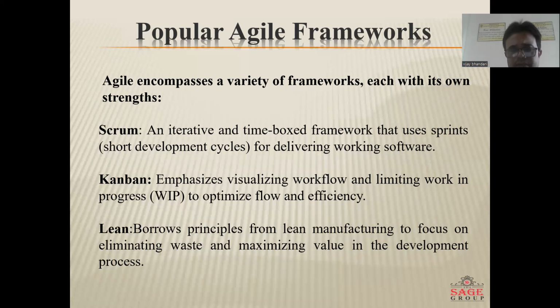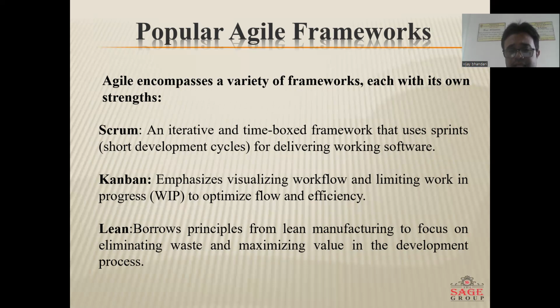Many frameworks came into existence in the year 2000. Agile encompasses a variety of frameworks, each with its own strengths: Scrum, Kanban, and Lean. Scrum is an iterative and time-boxed framework that uses sprints, short development cycles, for delivering working software.